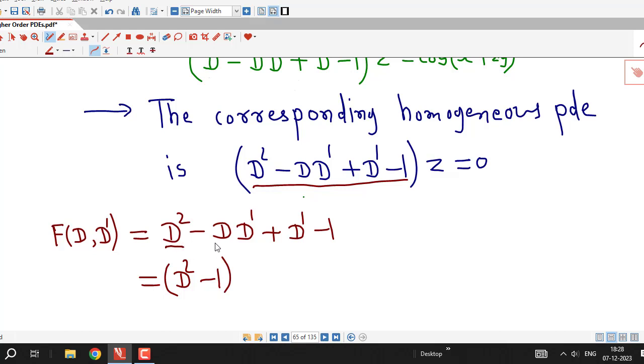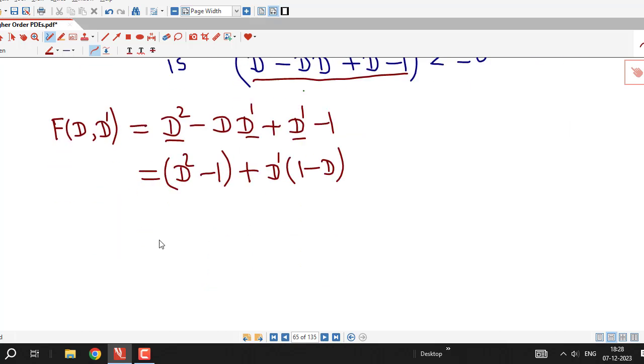I combine D square and minus 1, and here I can take D dash common, so I will have 1 minus D. This D square minus 1 can be rewritten as the product of D minus 1 and D plus 1.